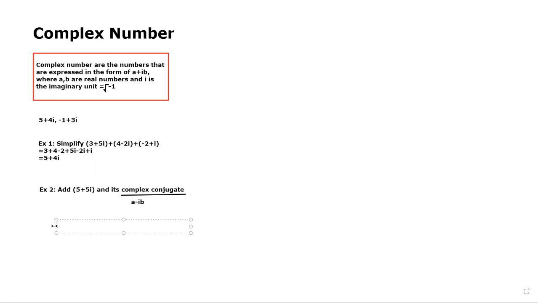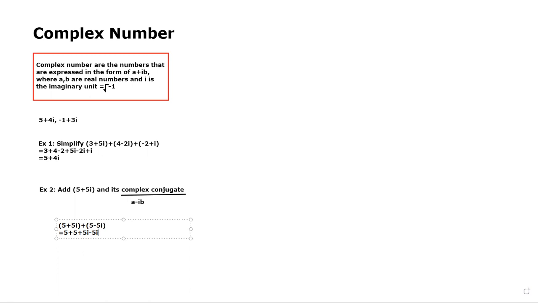So here you need to add 5 plus 5i with its complex conjugate, that is 5 minus 5i, which is equal to 5 plus 5 plus 5i minus 5i.